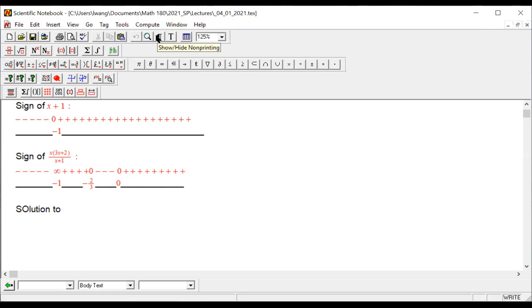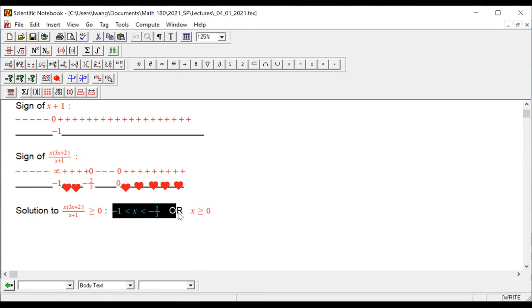So you write down the interval, and it cannot include -1, because -1 makes the denominator 0. So you have -1 less than x less than or equal to -2/3, or x is larger than or equal to 0.